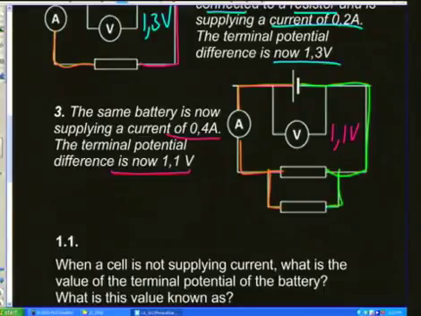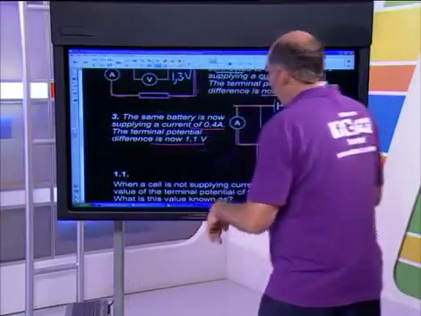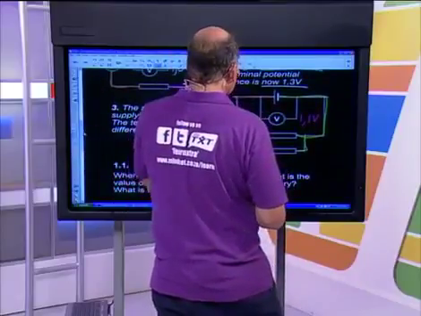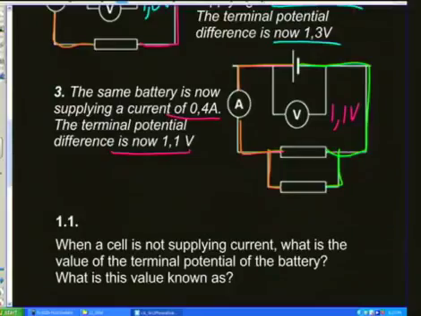So hopefully you can see, if you mark your regions of the same potential on a diagram, you'll be able to see where there's been a change in potential, where there's been a drop. And over here, we connected things in parallel. So just take note of this diagram, and you can see that the voltmeter is reading the difference between orange and green on this side.